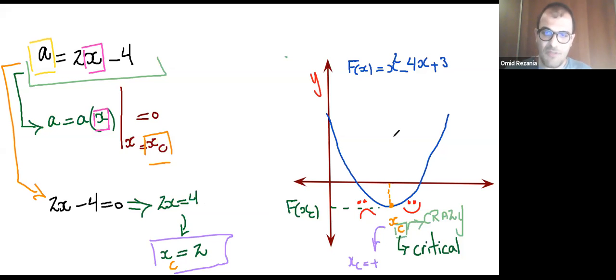No, that's correct, sorry. It's 2 here, it's plus 2, and this one is plus 2. Everything is fine. I got panicked, I don't know why. This crazy point or critical point, whatever you want to call it, happens at x equal to 2.